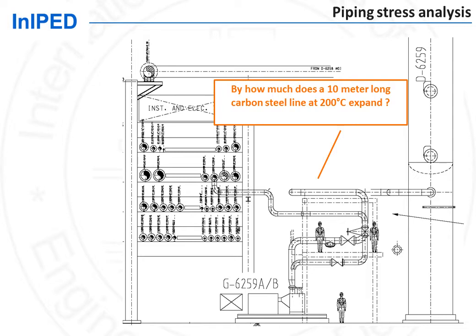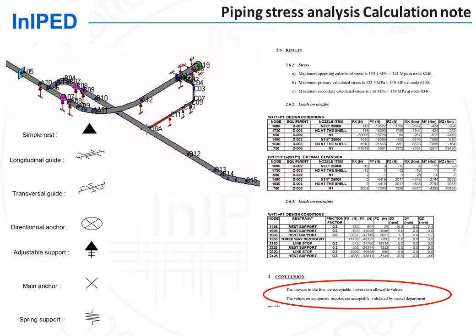For the case of a pump, this is so critical that the line is subject to a detailed calculation called stress analysis. The piping support engineer inputs the geometry of the line as well as the position and function of the supports it proposes for this line in a finite element calculation software.